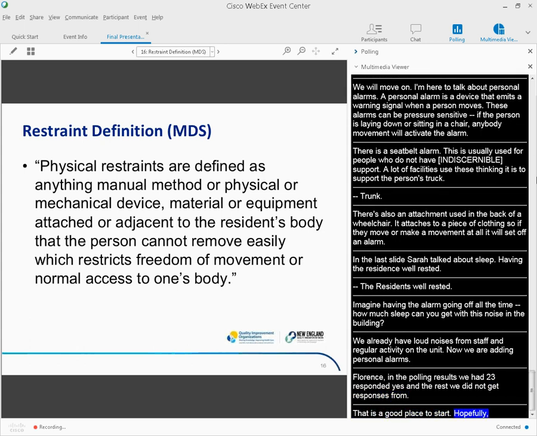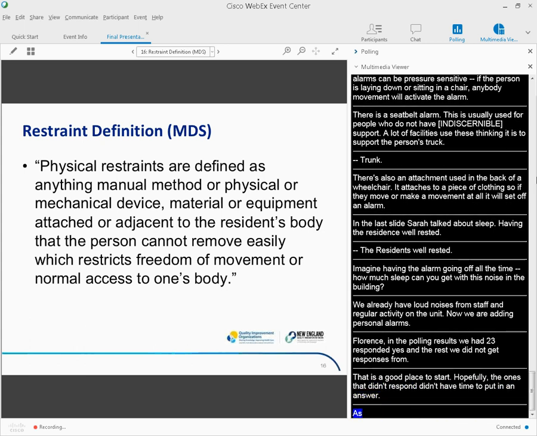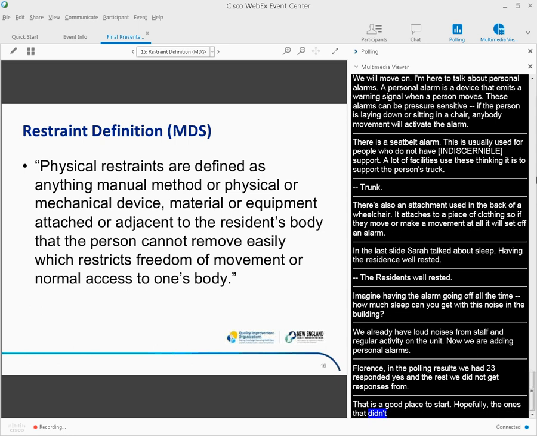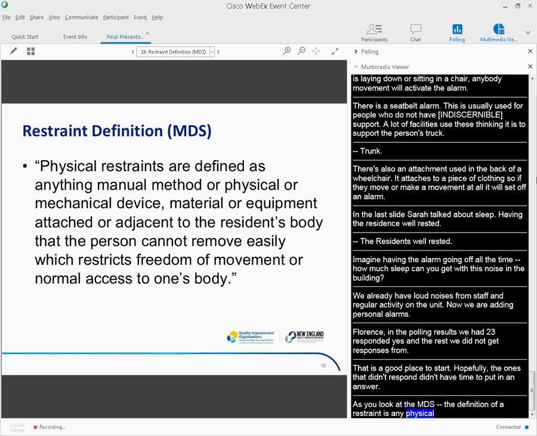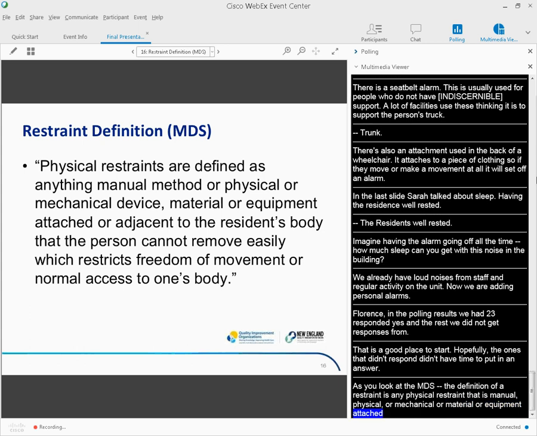So if you look at the MDS, it's actually the definition of a restraint, as Sarah said. A physical restraint is defined as anything manual, physical or mechanical device, material, equipment that's attached to the resident that keeps them from moving freely or being able to access any parts of their body.